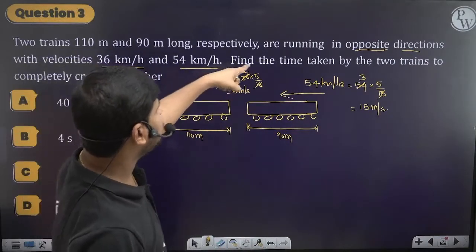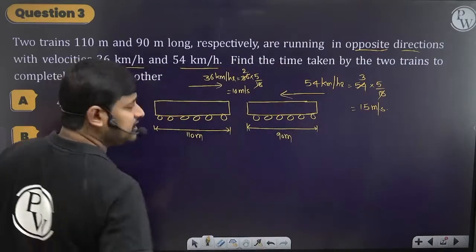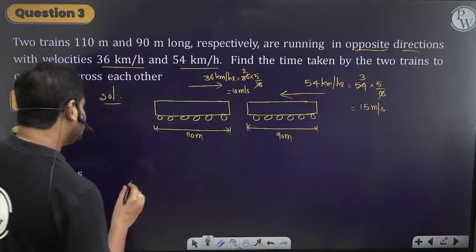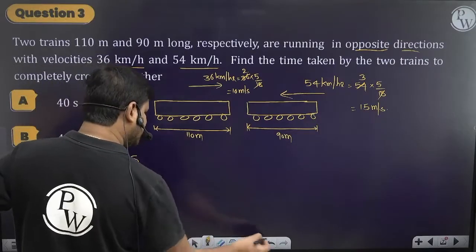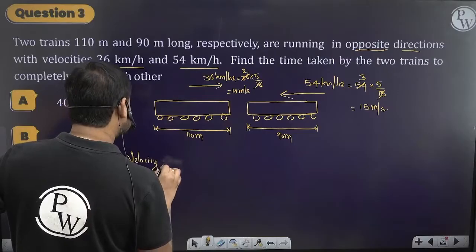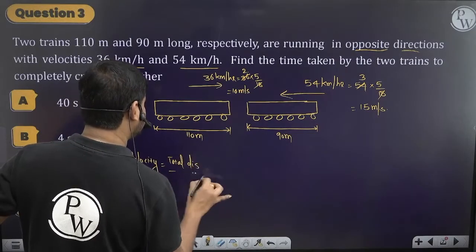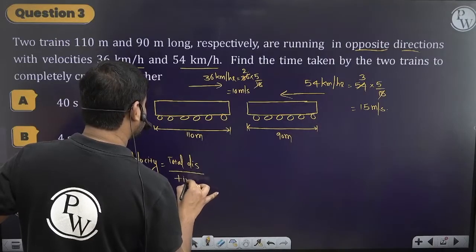Now we have to find the time taken by the two trains to completely cross each other. We know that the speed, or the velocity, is equal to total distance, or total displacement, by time. Yes or no?